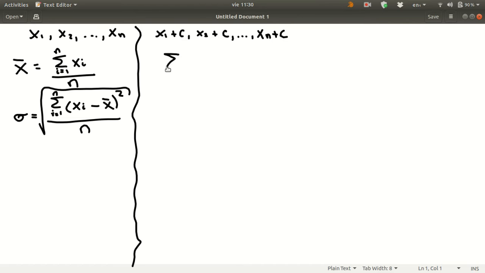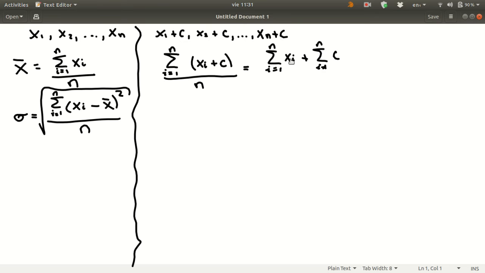The new mean, again, is going to be the sum from 1 to n of the new data members, and we divide by the quantity of data. Alright, now we can split this sum. Remember that the addition is associative and commutative and all those good properties that we know from primary. So we can split it like this: the sum of the data plus the sum of the constants divided by n.